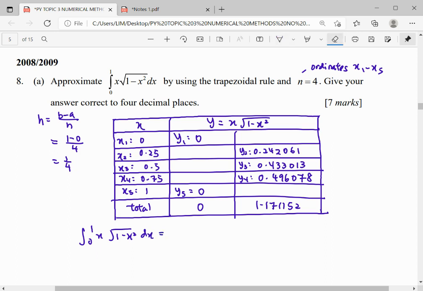Okay, trapezoidal rule, approximation method. Approximate to h over 2, and then 0 plus 2 times this.